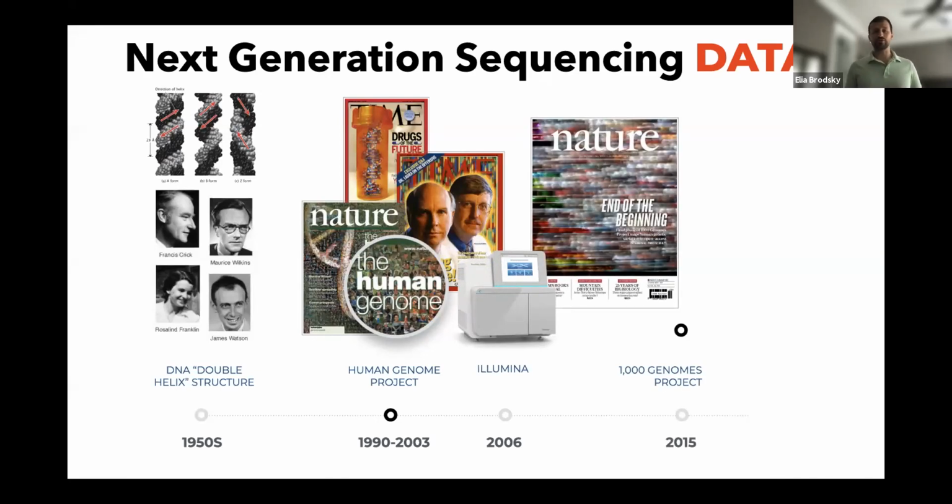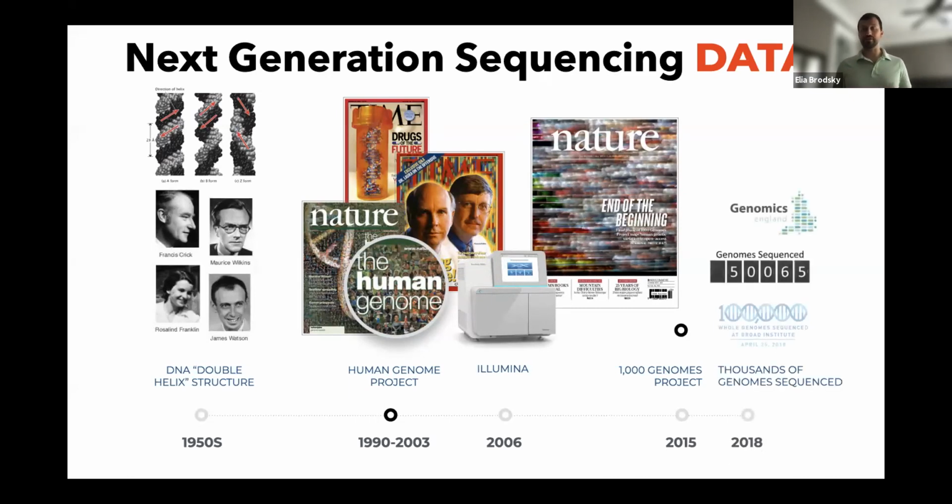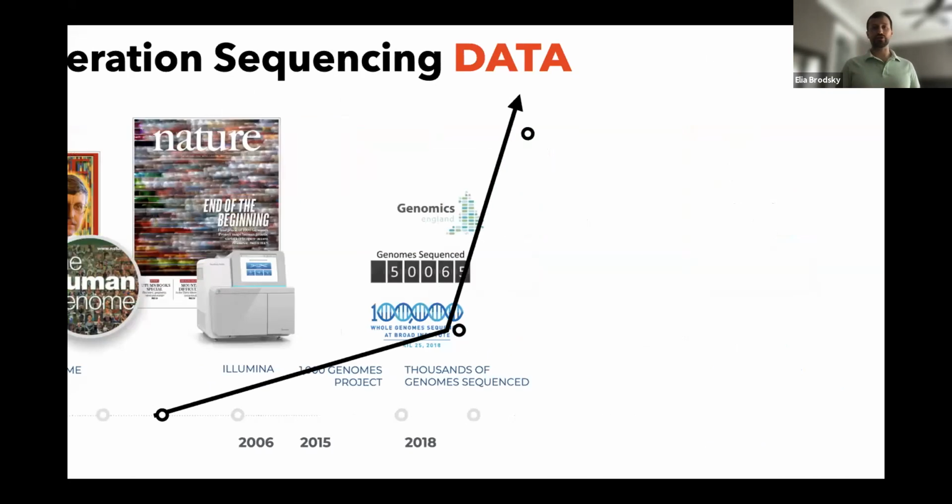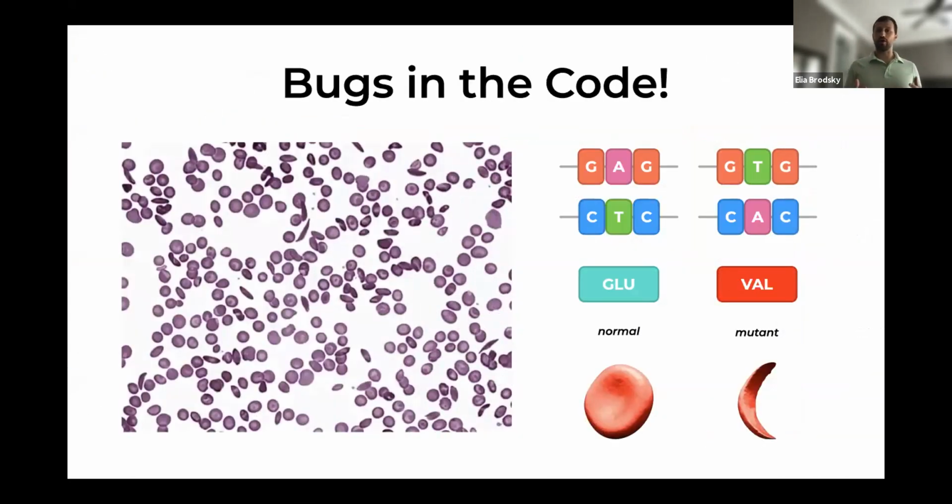As a result of the Human Genome Project, and that led to many other species being sequenced, we started to really accumulate a huge volume of data. And that volume of data today is accessible to anyone that has access to the internet. Now, what's interesting about this is that this data actually comes with a lot of variation.